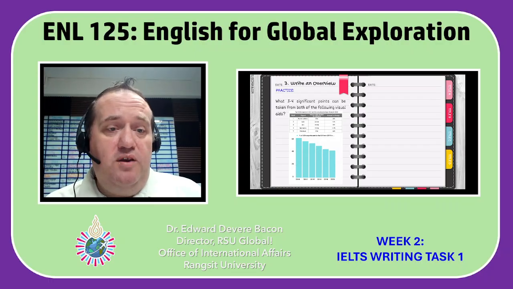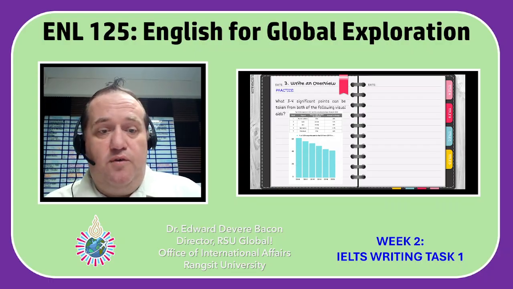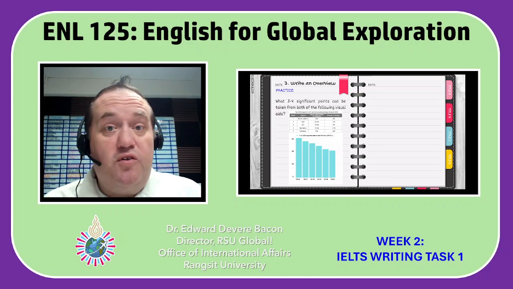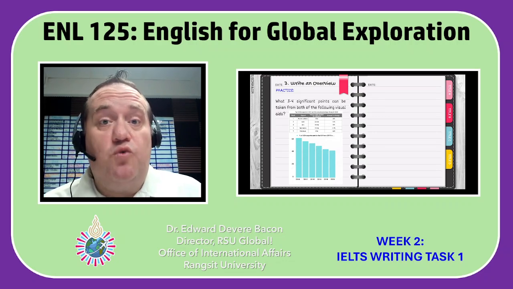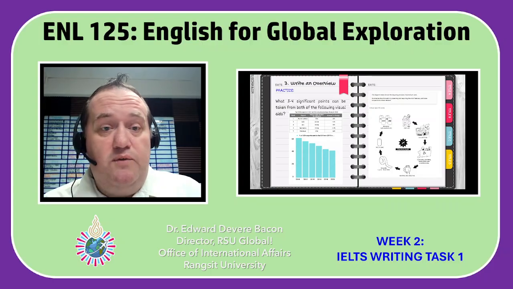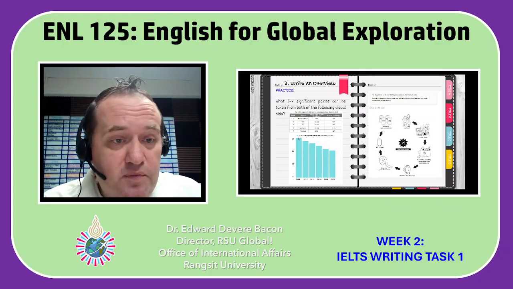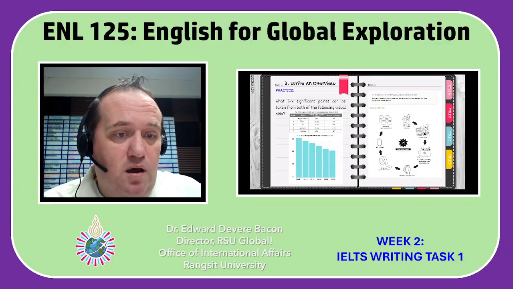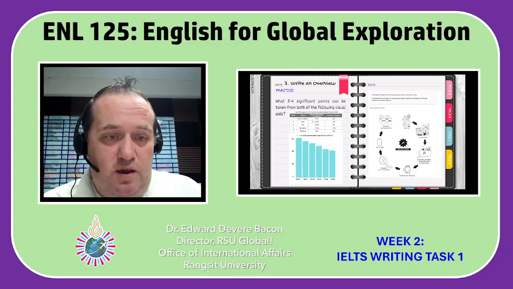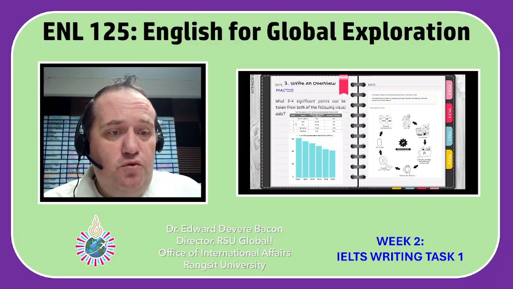What 3 significant points can be taken from both of the following visual aids? You want to look here. This is an example of a visual aid that you may be given. Let's look at the first one here. Number 1, electric vehicles, EV. Maybe just focus on what you think are the top 3 most important things.